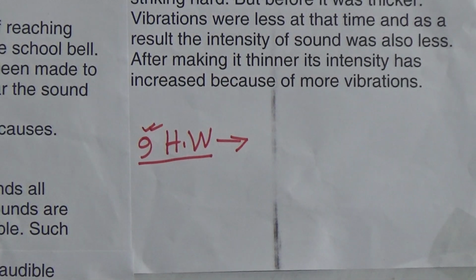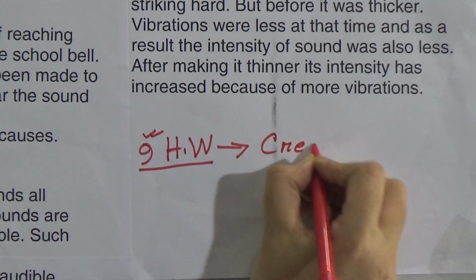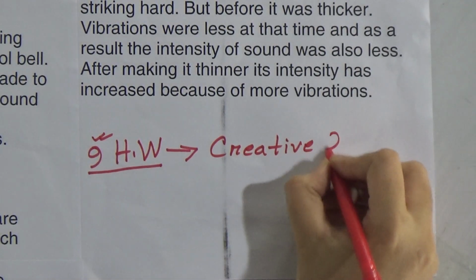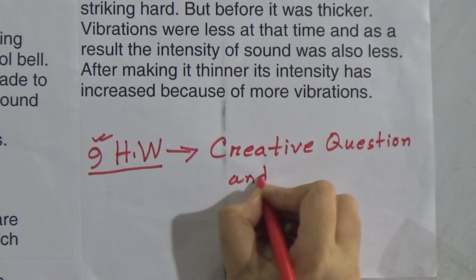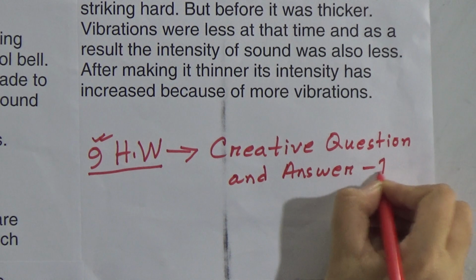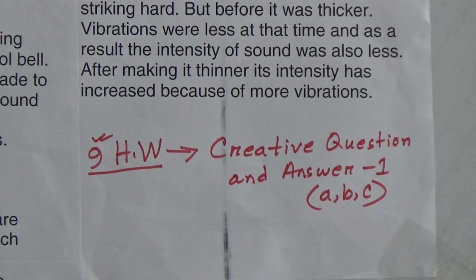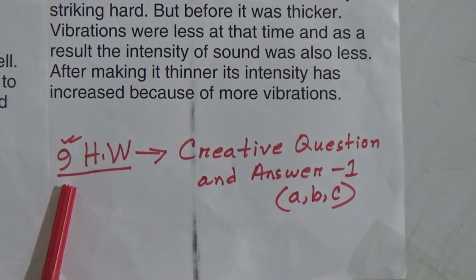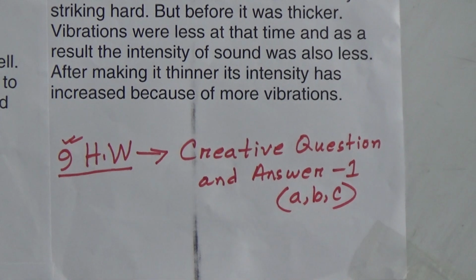Your SW will be creative question and answer 1 number and sub number A, B and C, and this is your SW. I am repeating your SW. This is 9 number SW, and your SW will be creative question and answer 1 number and sub number A, B and C.